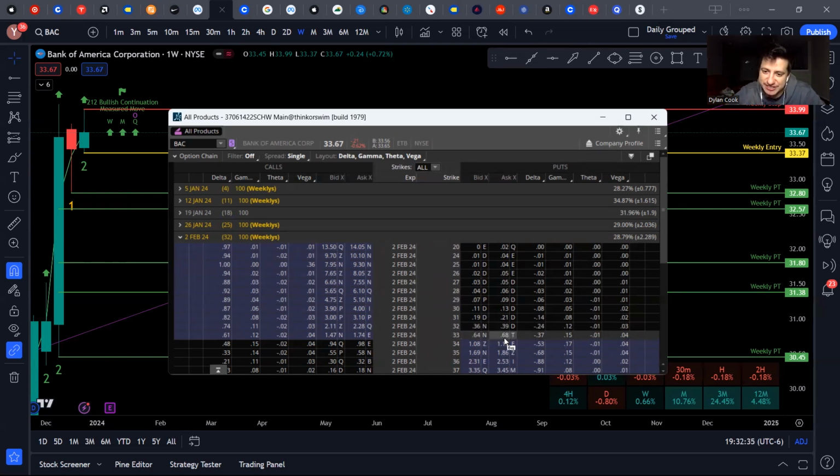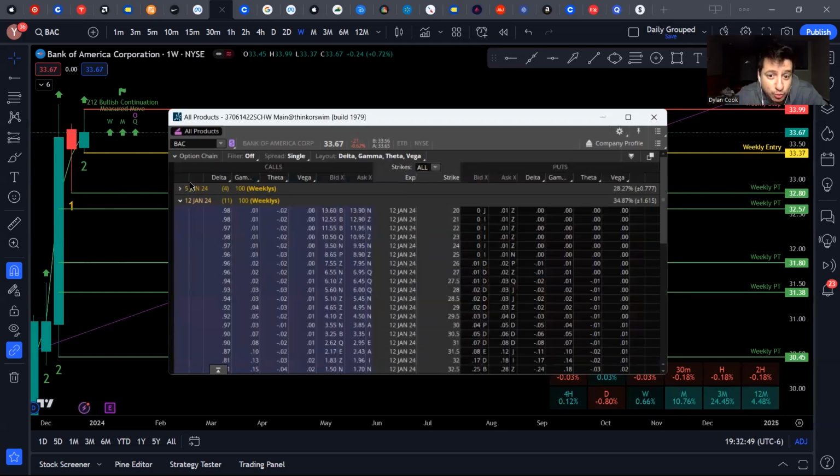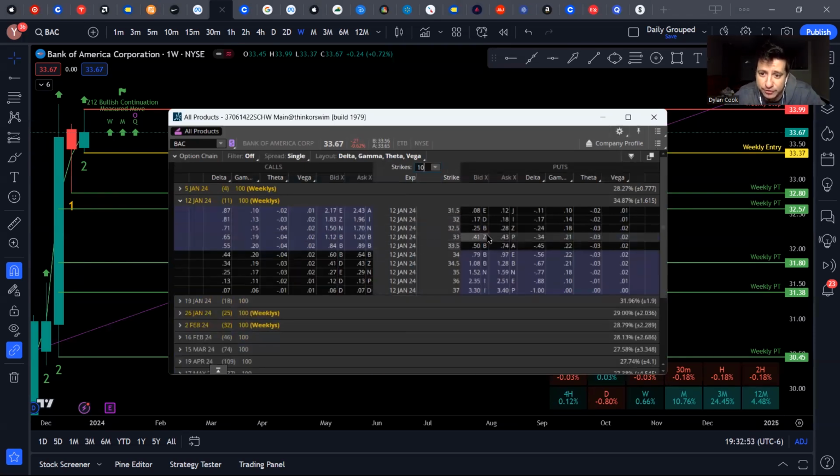33 is a suggestion. 68, 64. This is great. 37 delta, fantastic. Theta, $1. Why am I looking at the second? I don't know. I just realized that right now. So let me go look at the correct one, which would be the 12th. Let me get rid of the all because I no longer need the all. 33. It's basically the same thing, okay? 43.